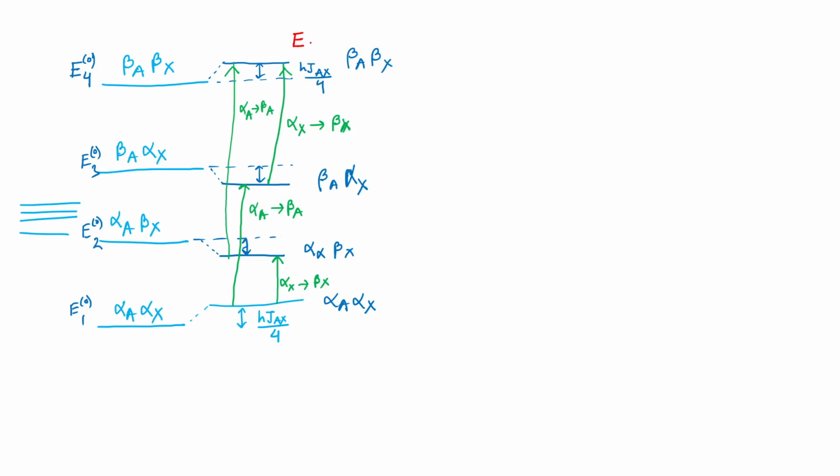Now suppose this is your E4, this is your E3, this is your E2, this is your E1. So E4 minus E3: earlier, how much did we get?